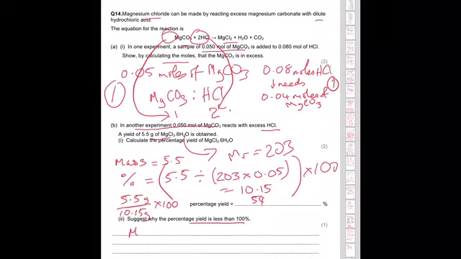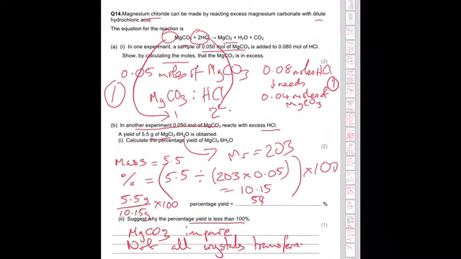Okay, a little bit long-winded the first bit, but that's essentially what you're looking for. 1 mark for the 203, and 1 mark for the 54. Right, percentage yield might not be 100%. Well, magnesium carbonate might not be pure. You might not have transferred all of the crystals.